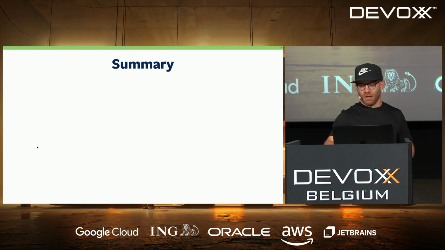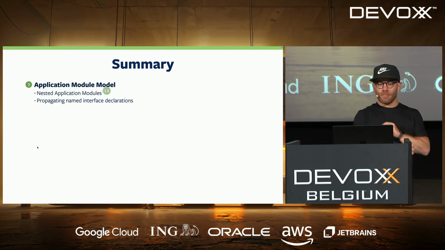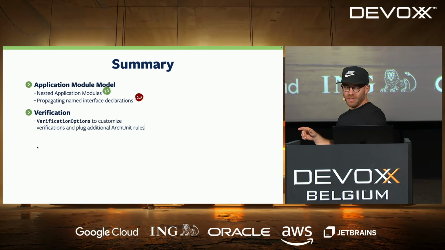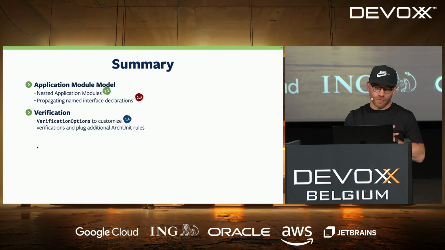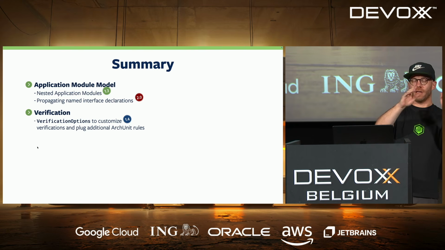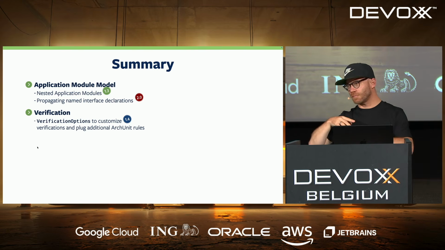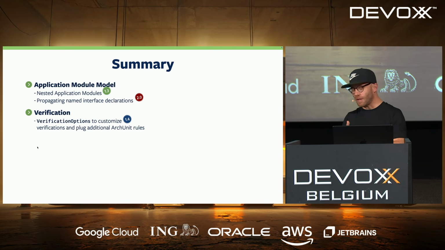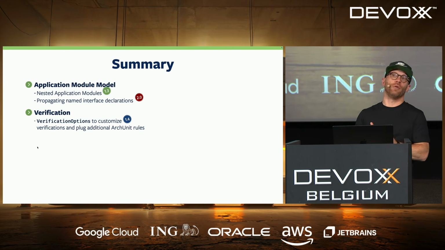So, to summarize: nested application modules, propagating named interface declarations, that's stuff you've seen. I haven't had the time to show you the verification options. When you call ApplicationModules.verify, we apply a variety of verifications: no cycles, no references to module internals, no field injection.